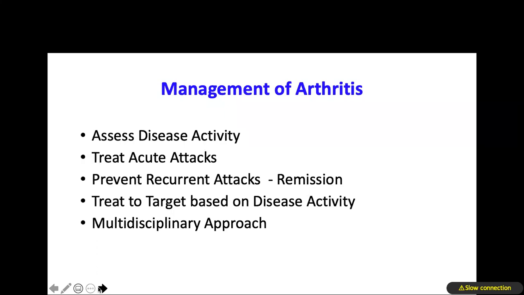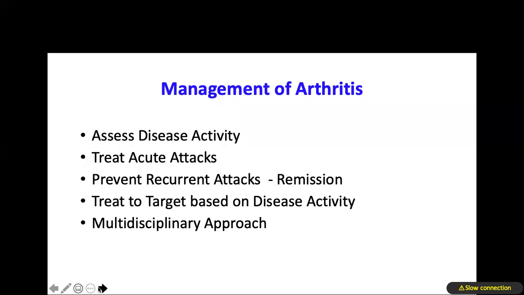For example, if you have a patient with blood sugar problems, you have to assess how good the fasting blood sugar is, how good their postprandial blood sugars are, how good their HbA1c is, how the disease is at that point. In arthritis, and in other types of arthritis, there are different ways to assess disease activity, and I will tackle it as we go on.